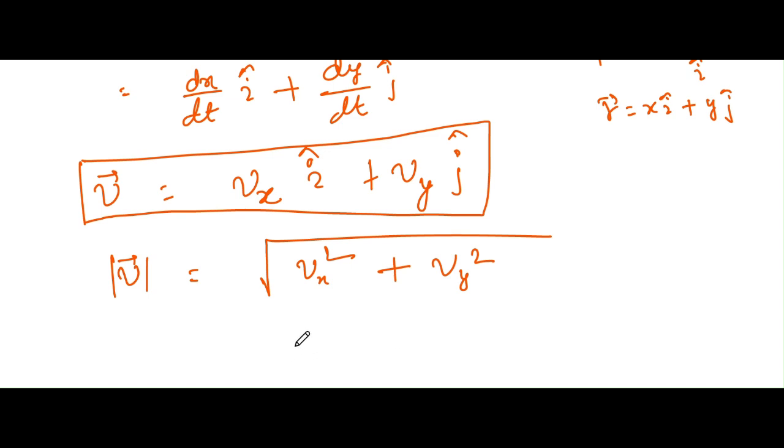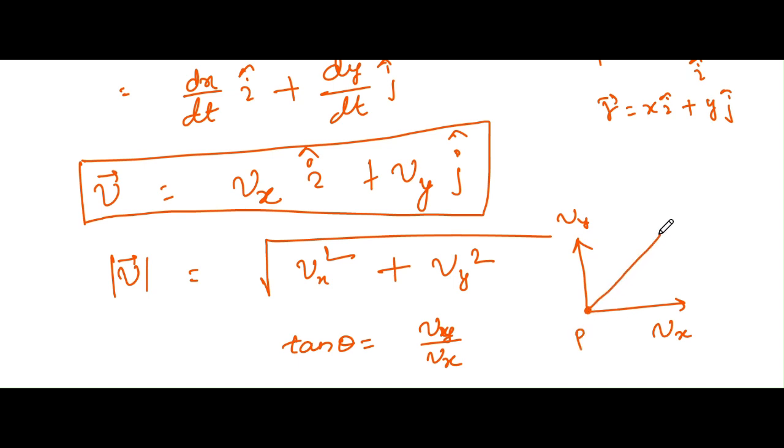How can we get direction? We can write tan theta equals vy by vx. This way we can get tan theta. Let's say this is the x component of the velocity vector, and this is the y component of the velocity vector at any point, let's say this point P. So this will be the resultant velocity vector, and of course this should be Vy.